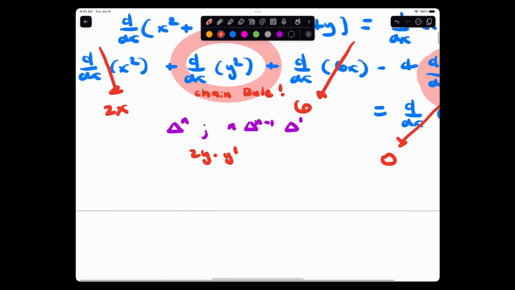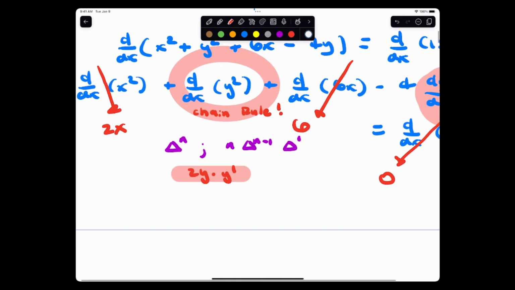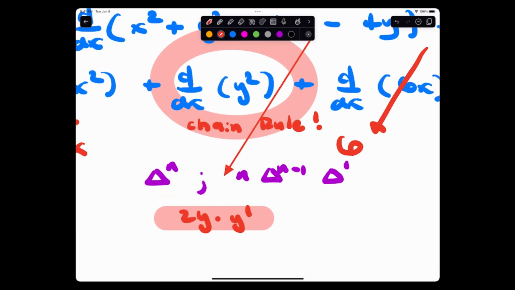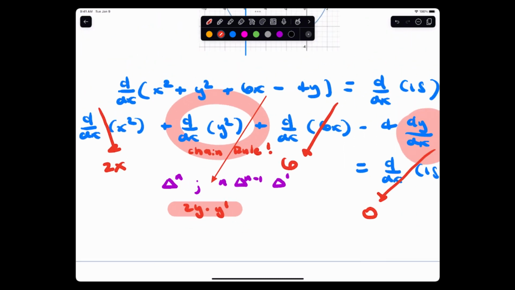This is where students get confused every time. But not you guys, because you guys have been working very hard on all of that. But that's what you're using. You differentiate that variable y with respect to x, so that's your 2y times dy dx. So that's the first step.